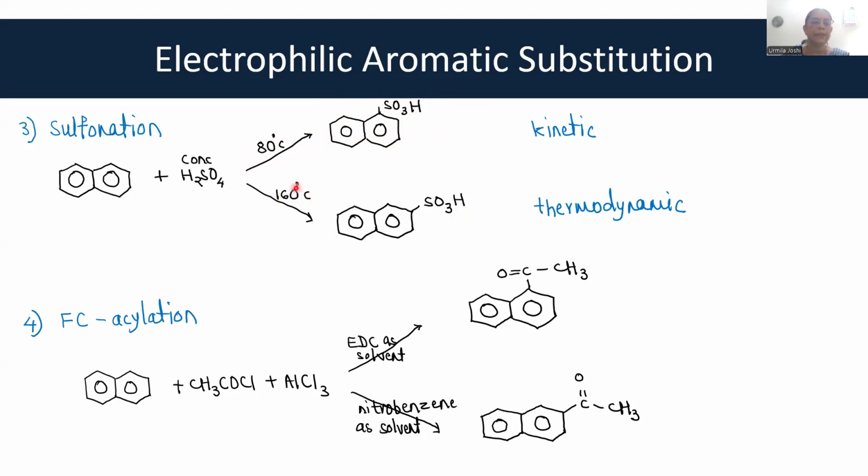See, when you raise the temperature to 160, there is sufficient energy available for naphthalene 2-sulfonic acid to be formed. And naphthalene 2-sulfonic acid is finally the thermodynamically stable product.